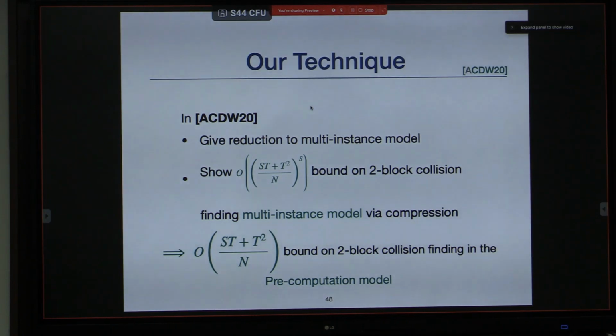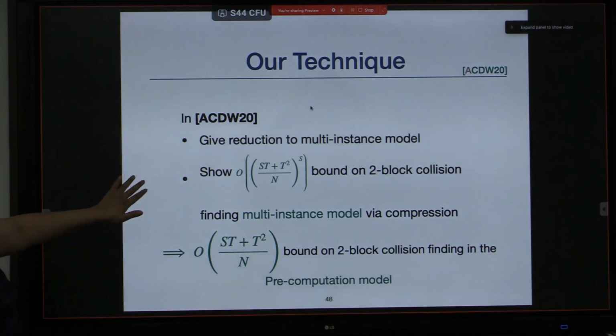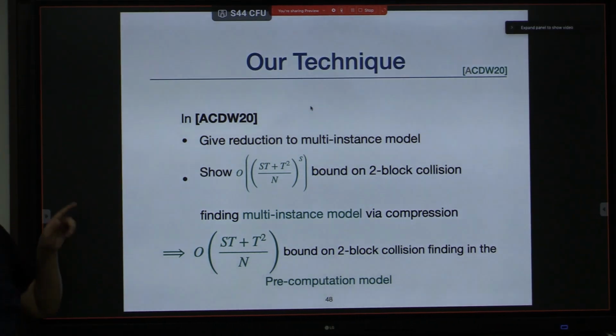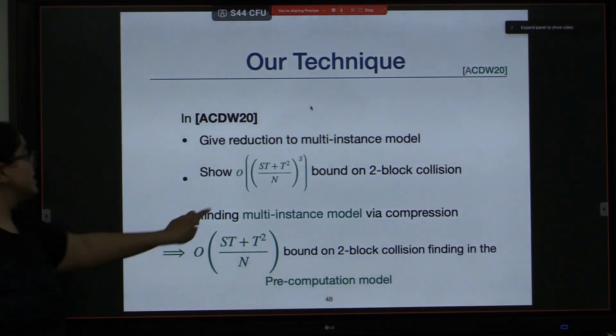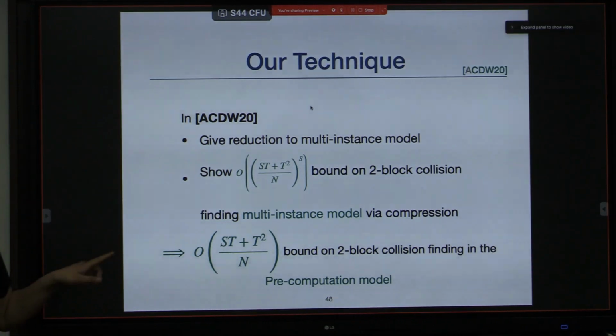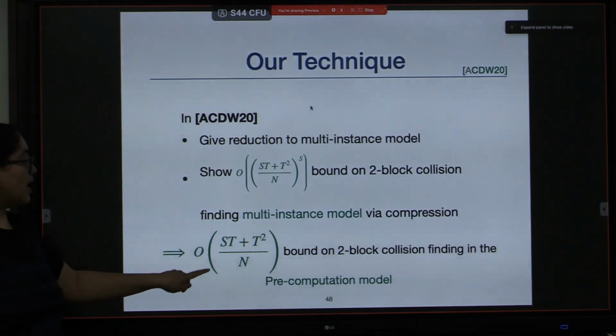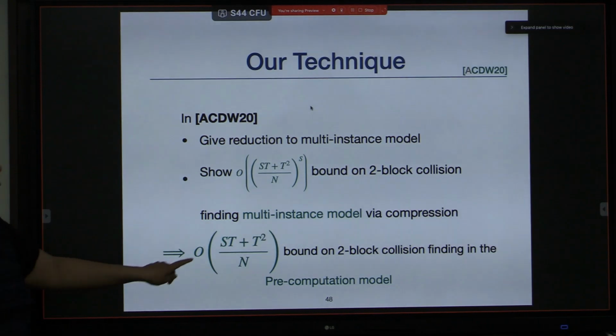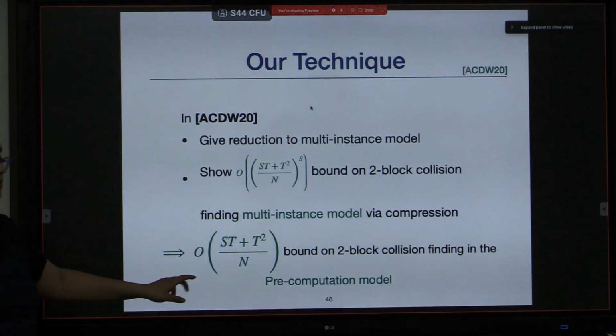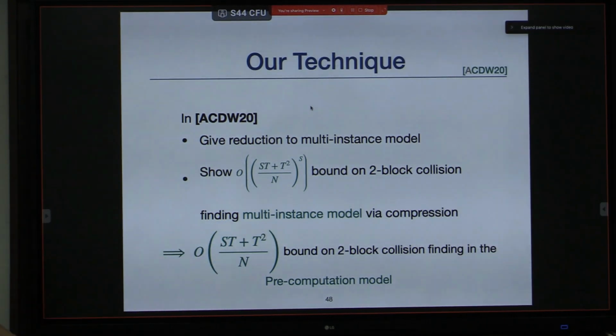So again, we gave a reduction. In the multi-instance model, we showed for 2-block collision finding, the advantage is at most (ST plus T squared over N) to the power S. So you can think of this part as delta, and that would imply the bound in the pre-computation model is 2 times delta, which is ST plus T squared over N.